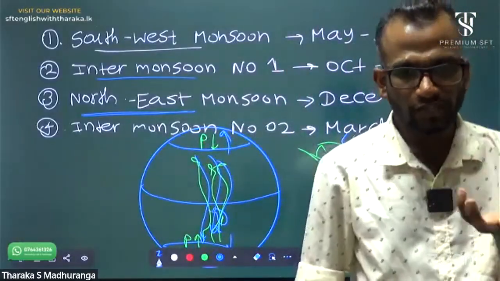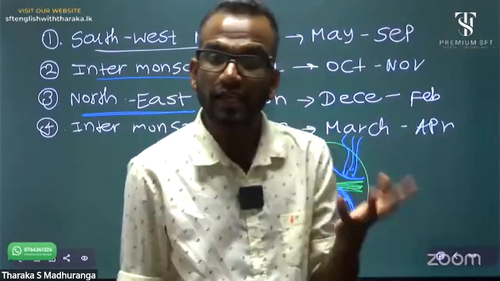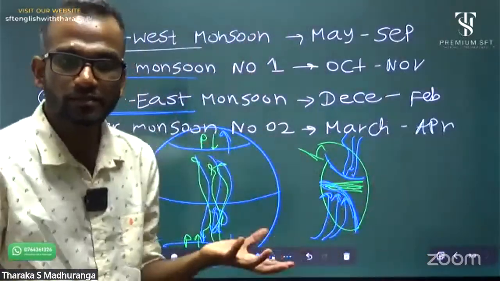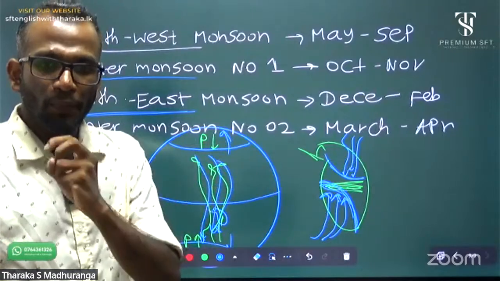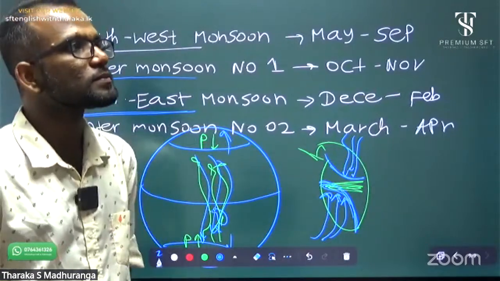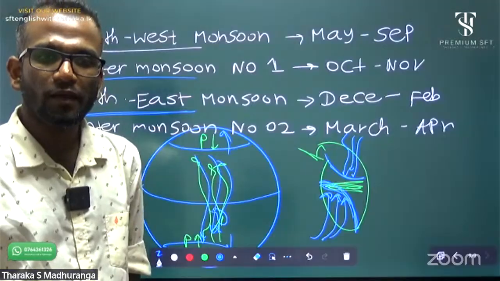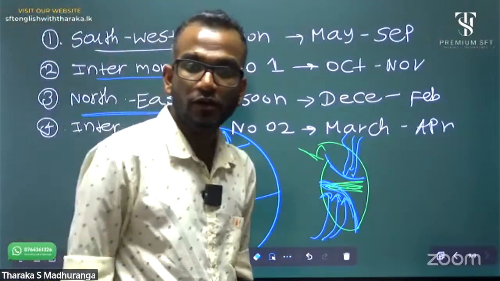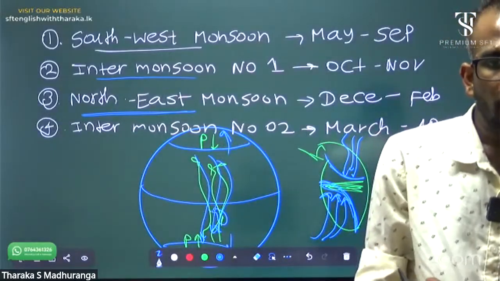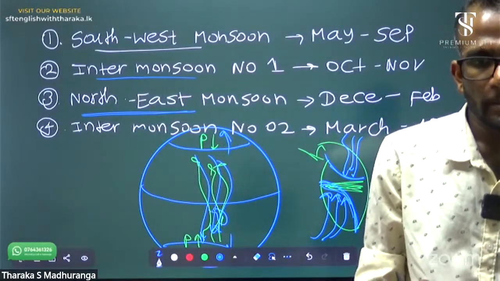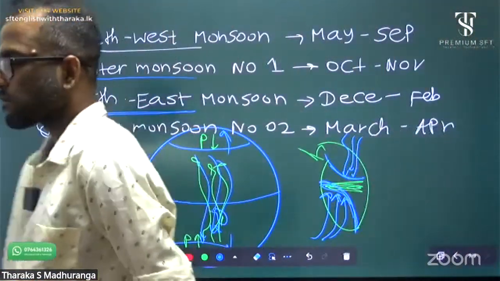What's the reason? It has a scientific reason. You can understand it if you look at the map. What's the reason the southwest monsoon rain is great? What do you think?